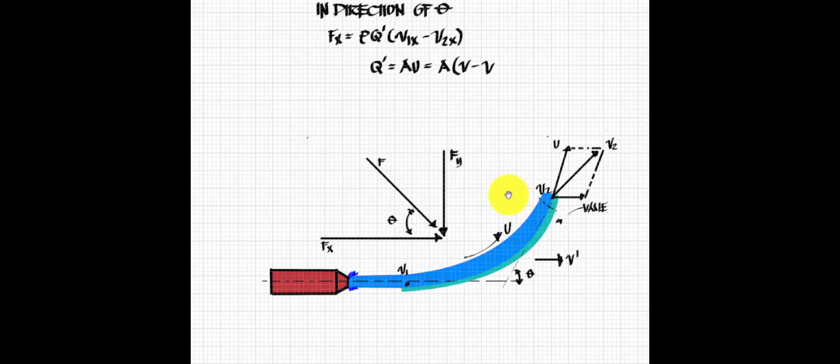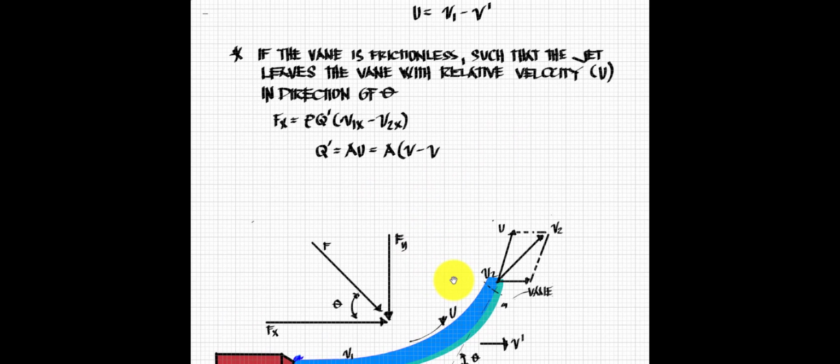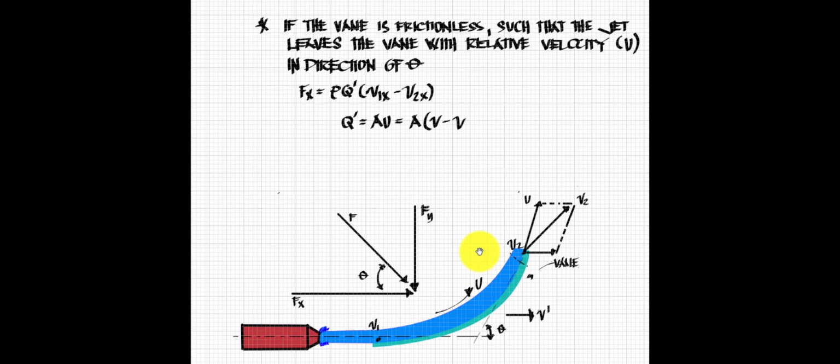Now to properly discuss this situation, I draw again, I copy again the picture here. Now what we have here is that our velocity v1 is equal to v. Okay, so that is what is entering.